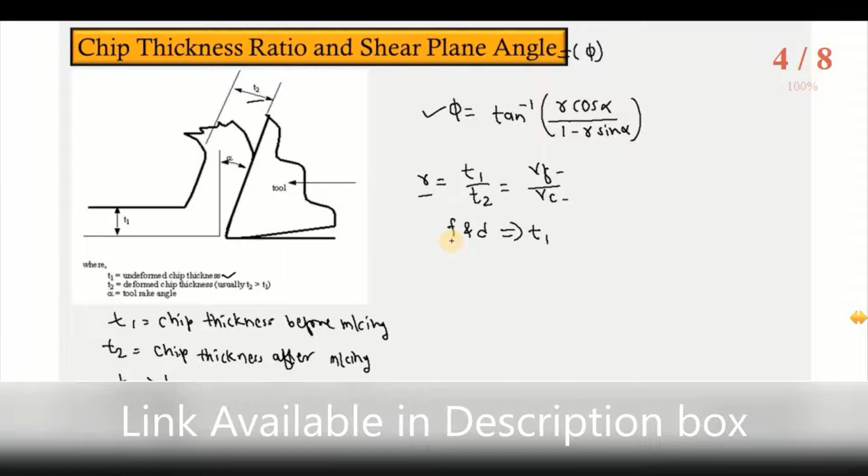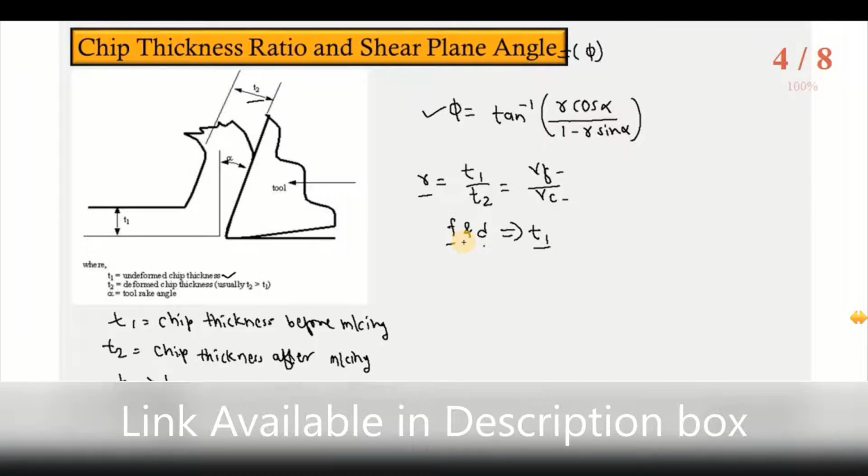So if feed is given, consider that as T1, and if depth of cut is given, there also you have to consider that as T1. And if the width is wanted, then D is equal to the width of that chip.